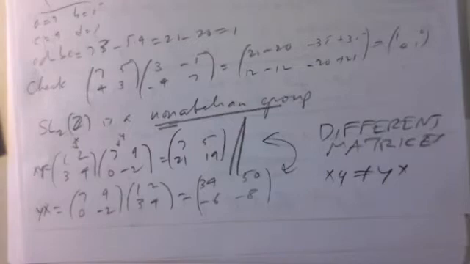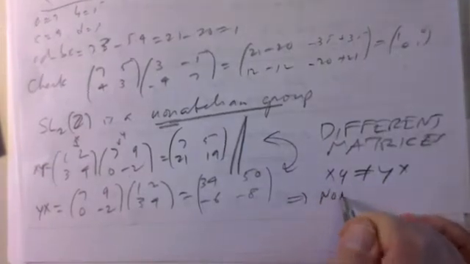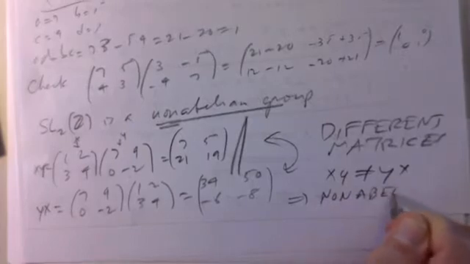In an abelian group, xy equals yx, no matter what elements x and y of the group you pick. So if there are two elements x and y where xy is not equal to yx, that means your group is not abelian or not commutative.